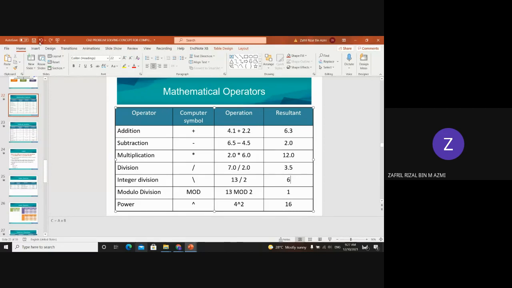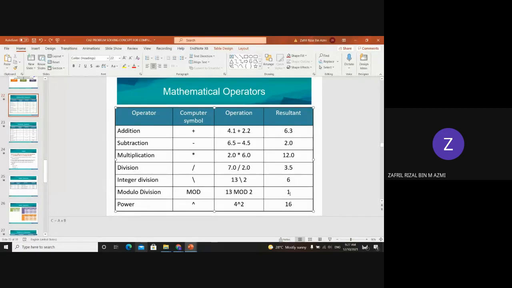It will only give the integer value as the output. Alright. Okay, for modulo, instead of getting the result of the division, it will fetch only the remainder of the operation.